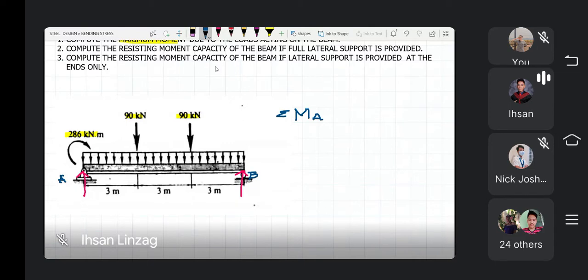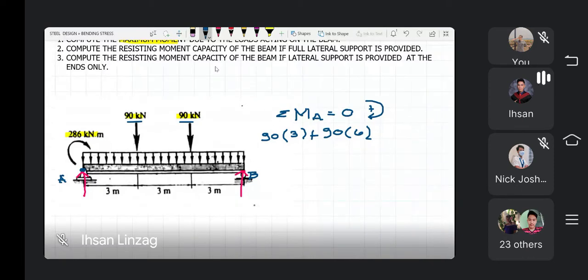So, summation moment A is equal to 0, clockwise is positive. So, tumingin ka dito sa point A, then consider mo itong 90 kilonewton at 90 kilonewton dyan. So, 90 kilonewton times the perpendicular distance na 3 plus the other 90 kilonewton times the perpendicular distance na 6, moment arm.